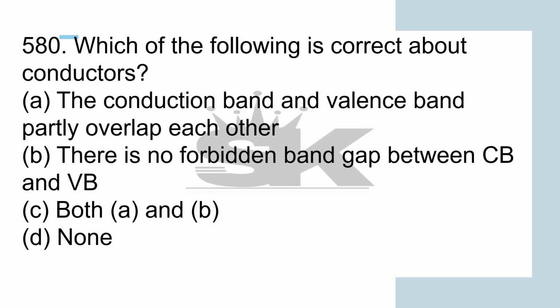There is no forbidden band gap between the conduction band and valence band. So both A and B are correct. The electrons from the valence band can easily move into the conduction band. Hence, a large number of electrons are available for conduction.